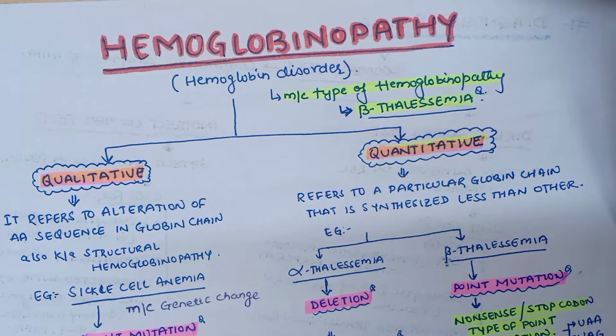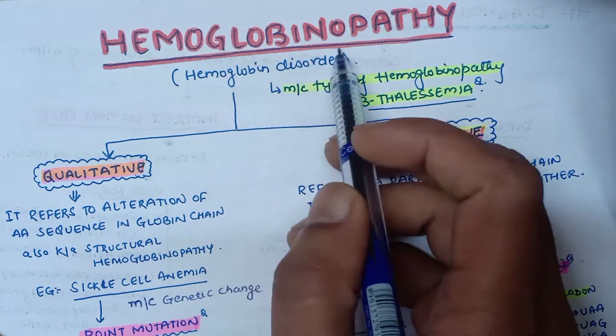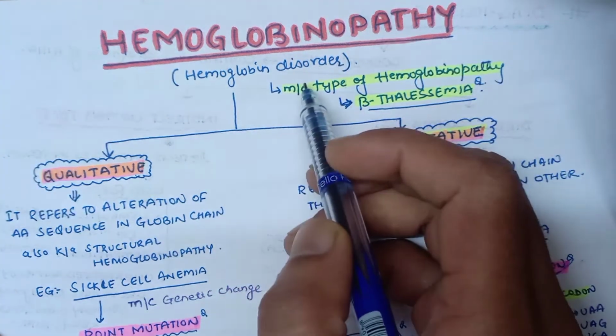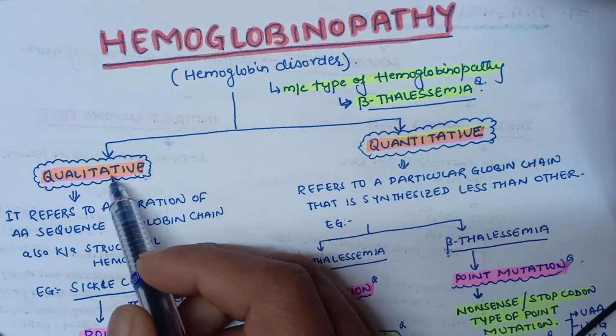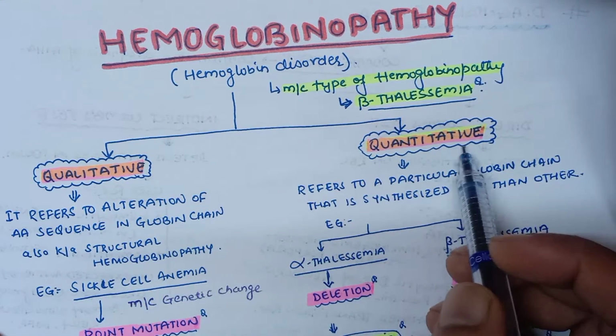Welcome to Medico Link, I am Dr. Prashant Gupta, and today we'll be talking about hemoglobin disorders and mainly sickle cell anemia. So let's start. Hemoglobinopathy is a hemoglobin disorder, and it can be either qualitative or quantitative.